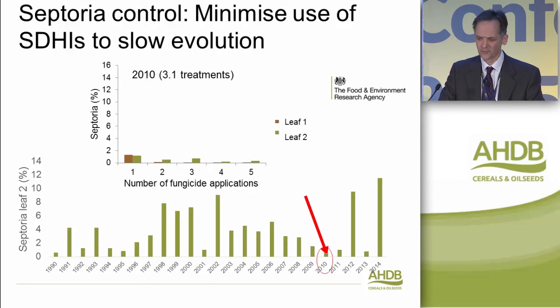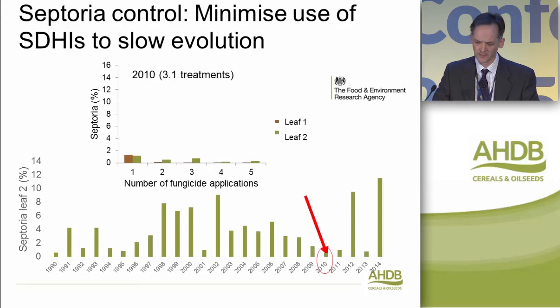If through monitoring or better disease forecasting, we can identify the seasons where we don't need it, and I realise it's wonderful with the benefit of hindsight to judge these things, but if we can identify those years ahead and reduce our inputs, apply one SDHI rather than two, or none at all if at all possible, such that we aren't imposing that selection pressure where we don't need to.